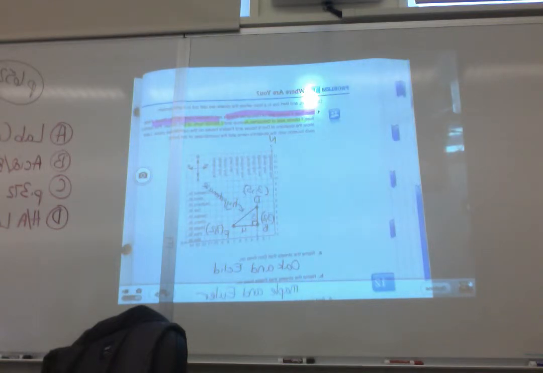What do we gotta do here? How far apart are these two guys? Look, right here. How can we find that? How can we find that length?